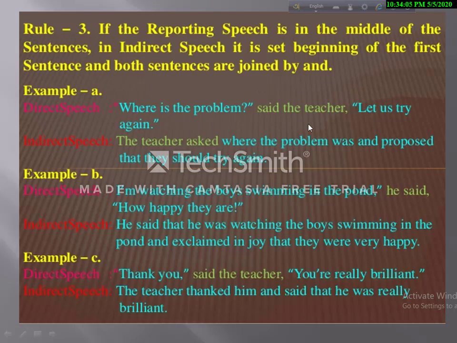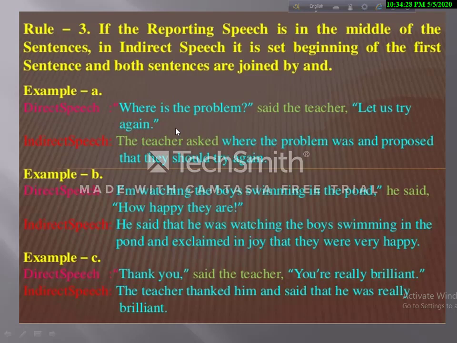So what is our role? We will write the reporting verb first with the subject, and then we will add the two speeches with the word "and." You may also write the two sentences separately. There will be no problem at this.